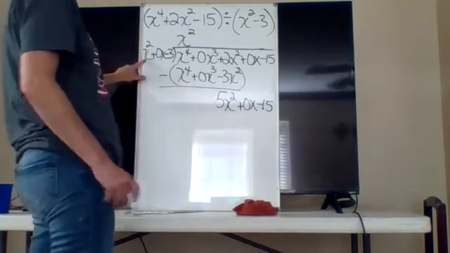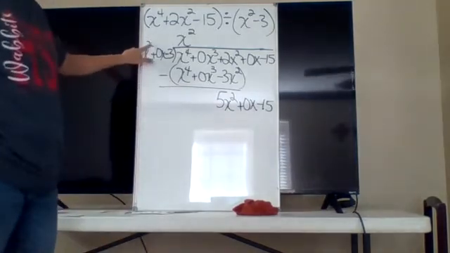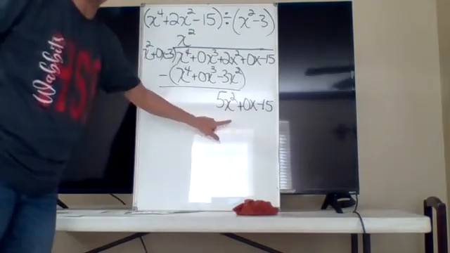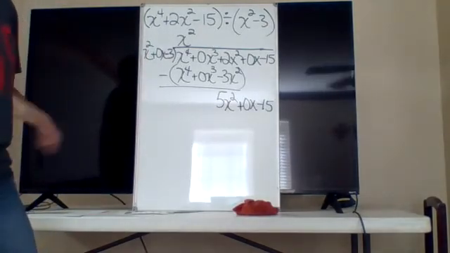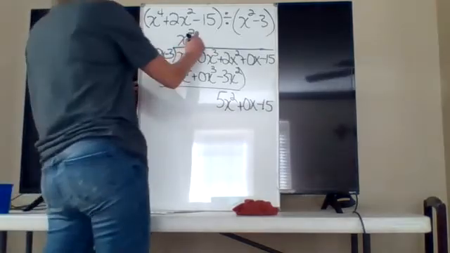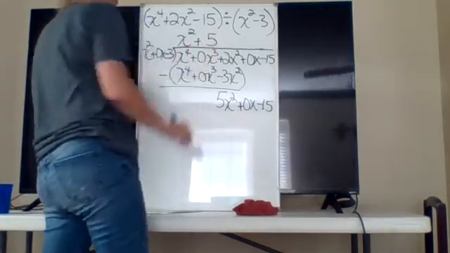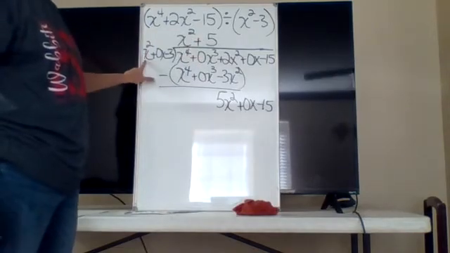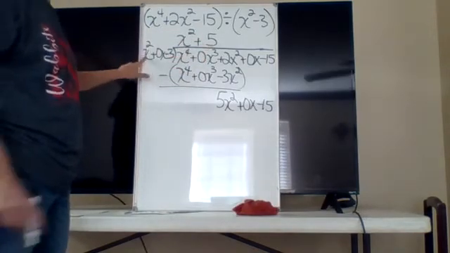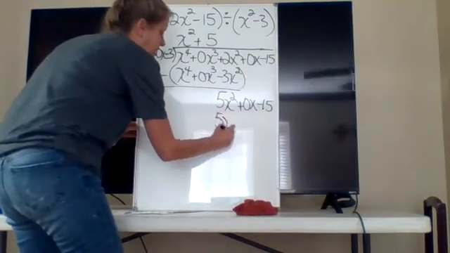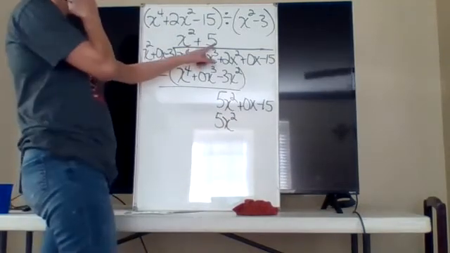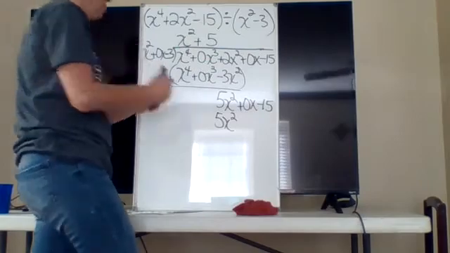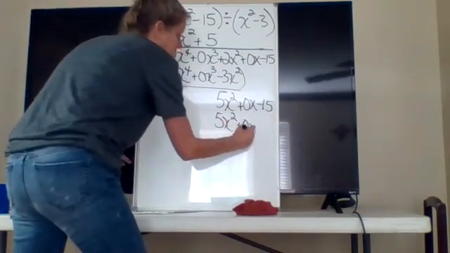And then start over. What do I need to multiply x squared by to make it 5x squared? I need to multiply x squared times 5. So I've got 5. I'm going to multiply it times all of this. So 5 times x squared is 5x squared. 5 times 0x is 0x.